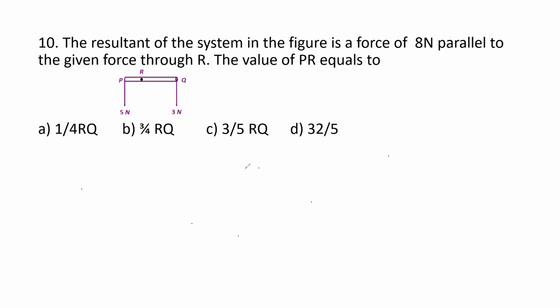According to the principle of moments we just discussed, 5 into PR is equal to 3 into RQ. They have asked you to calculate PR, therefore PR is equal to 3 by 5 into RQ.